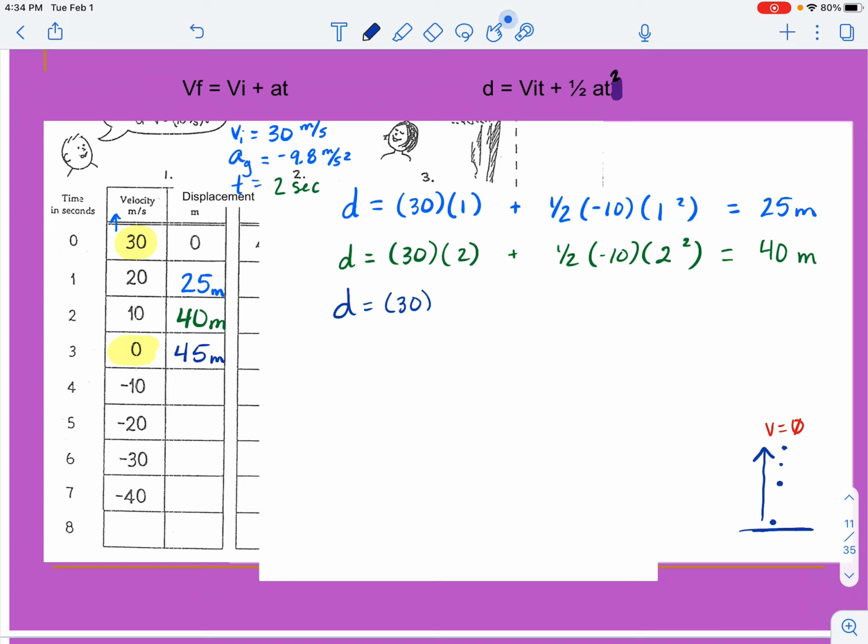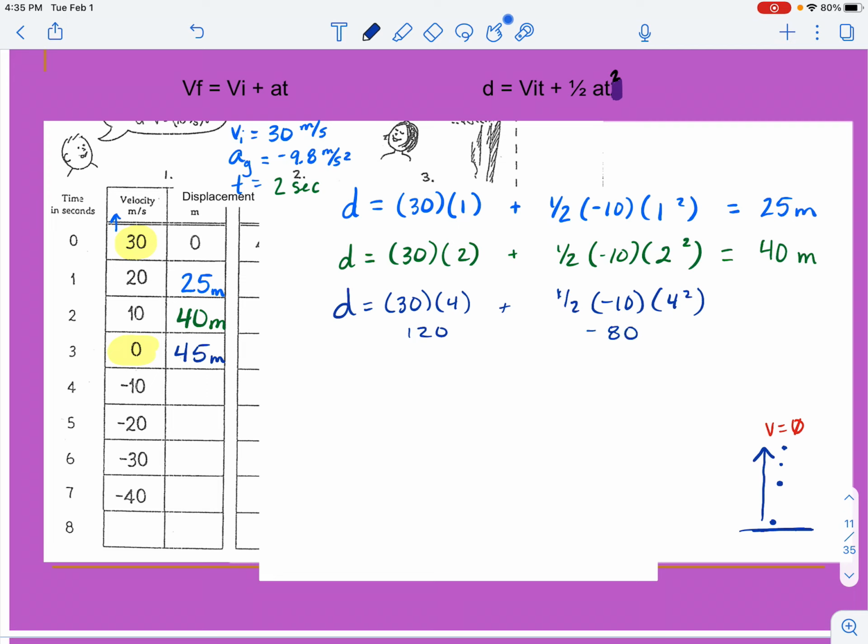So 30 is my initial velocity. We'll do 4 seconds of time plus 1/2 of gravity. And our time right now is 4, and that is being squared. So if we were to do the math work here, 30 times 4 gives me a value of 120, and then 1/2 of negative 10 for this example times 4 squared gives me a value of negative 80.